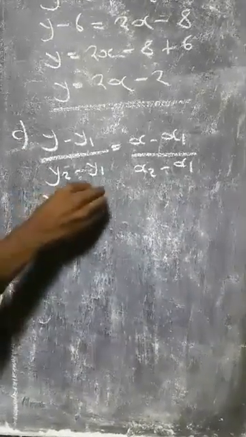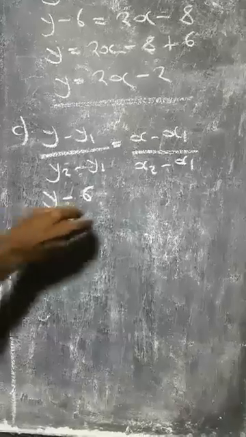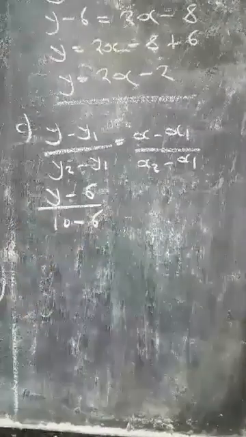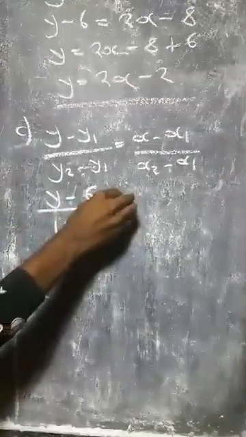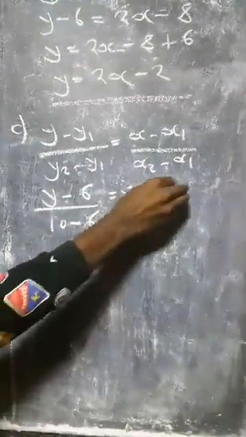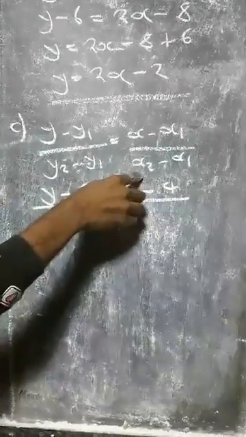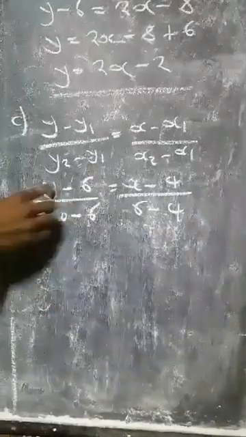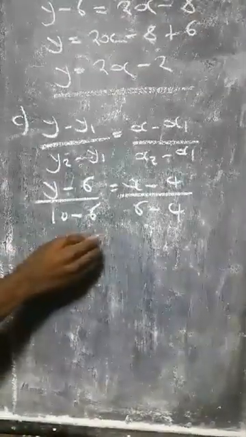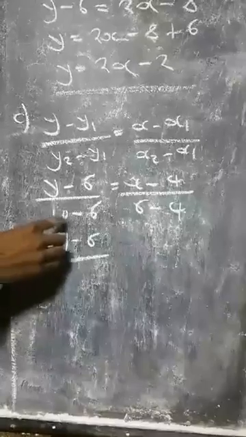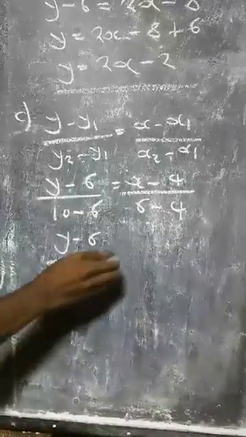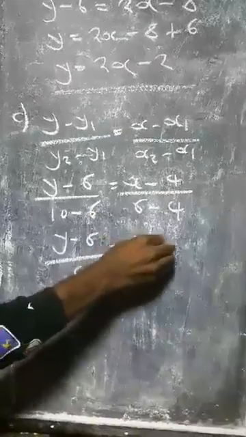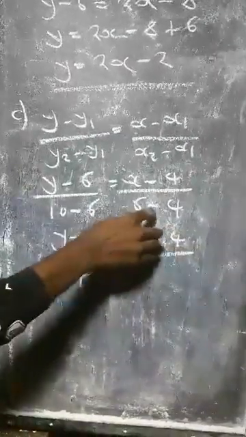So y minus 6 over y2, which is a 10, minus 6. Then x1, we know, so x minus 4 over x2, which is a 6, minus 4. Like that. So y minus 6 divided by 10 minus 6, that's a 4, is equal to x minus 4 divided by 6 minus 2, that's a 2.